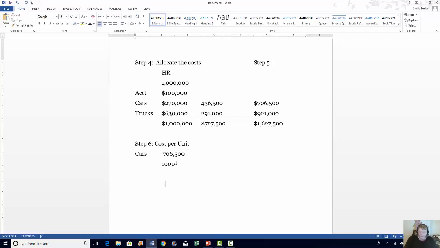So we have the cost per unit is $706.50. Whoops, and 50 cents. And for trucks, no line there, buddy. Trucks, well, I guess I should just tab that. We have $921,000.